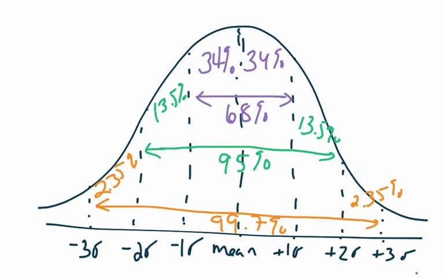If you want to know how big this band is, you would do 99.7 minus 95 and then divide it by 2, to make sure you got each side of it. You could do 95 minus 68 and divide that by 2, and that would give you the 13.5, and then do the 68 divided by 2, and that would give you the 34. I would encourage you to get as much practice with it in this version as possible, because it will help you adapt to the other version.